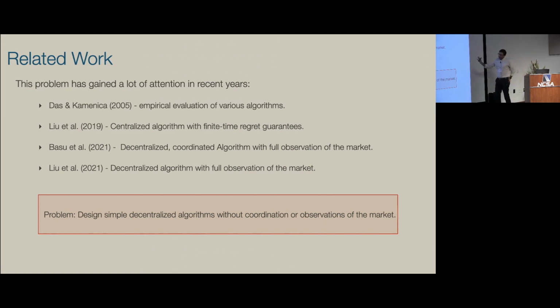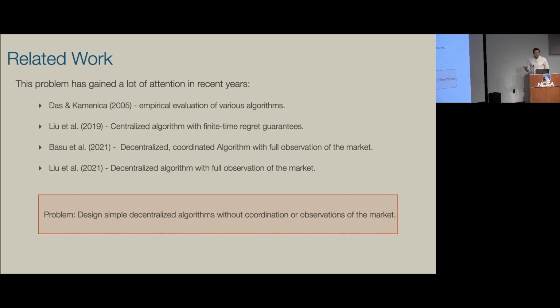Most of the past work, or essentially all the past work on this bandit approach to matching markets, has really assumed away one of the features that I had on the last slide of Gale Shapley. So generally they were looking at centralized algorithms or decentralized algorithms where you could see the entire market or something like that.